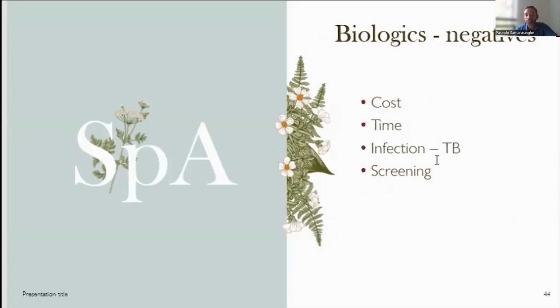So there are a few negatives of these drugs. They cost a lot. Before the economic crisis, I think an infliximab vial would cost around 150,000. You have to give this monthly, and it's a huge cost for the government because it's provided free. I don't think up to now we have it in the private sector. I think the cost should invariably have gone up after the economic crisis.